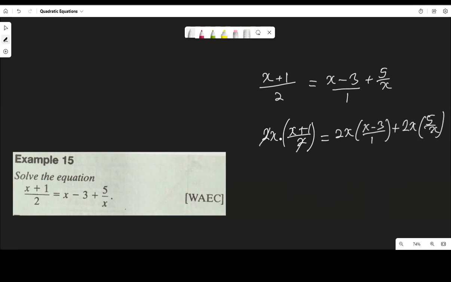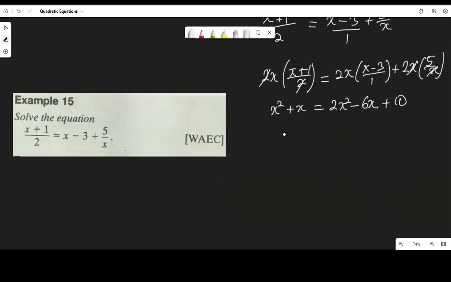These two will cancel these two. x will cancel x. So I have x times x is x squared, x times 1 is x, equal to 2x times x is 2x squared, 2x times negative 3 is negative 6x, then plus 2 times 5 is 10.